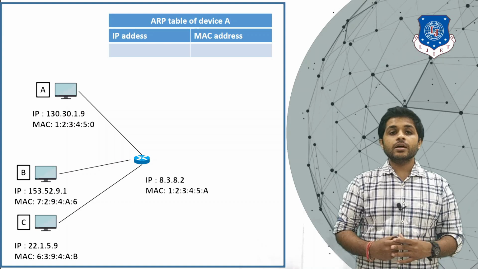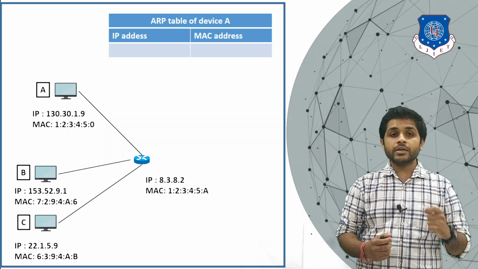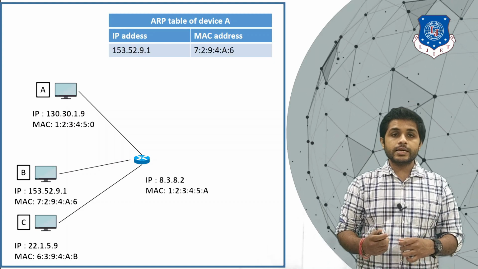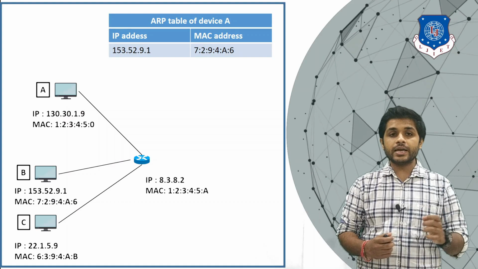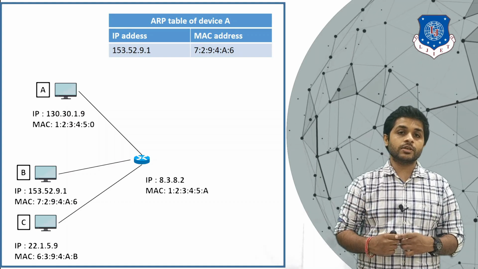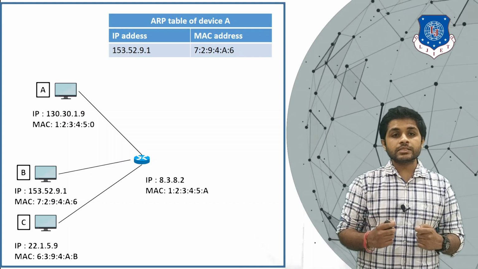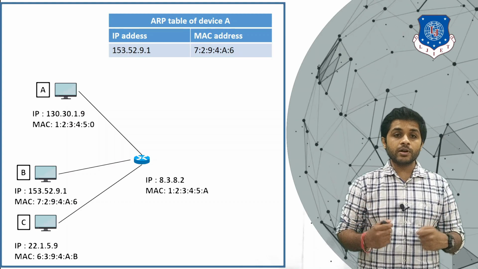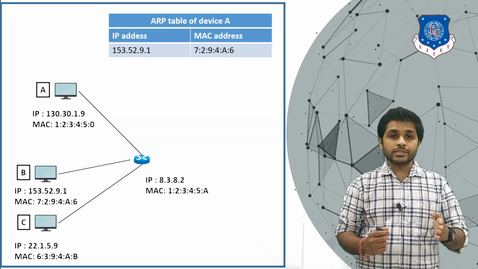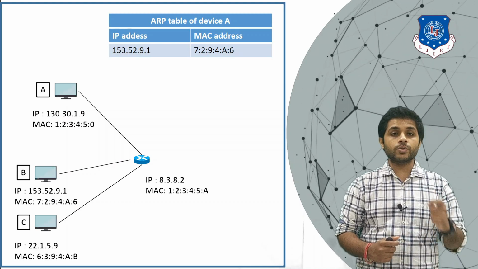After receiving the message, A will make an entry in its table, which is called the ARP table. So A has made the entry in which the IP address of the destination and the MAC address of the destination are added. Each and every device in the network has an ARP table, because not only the IP address is needed for communication, but the MAC address is also necessary.